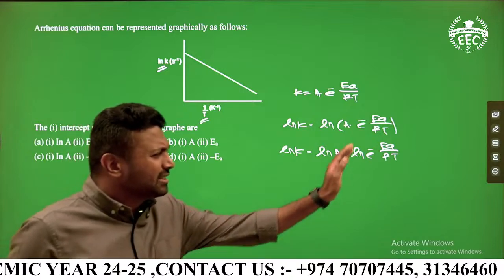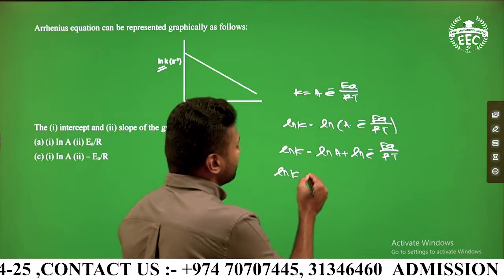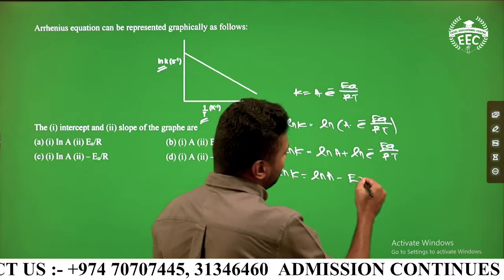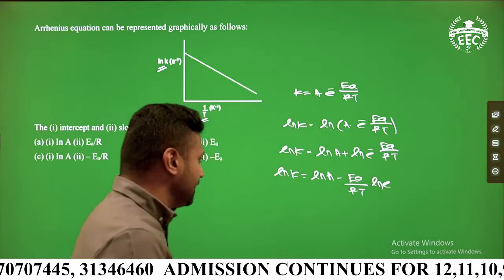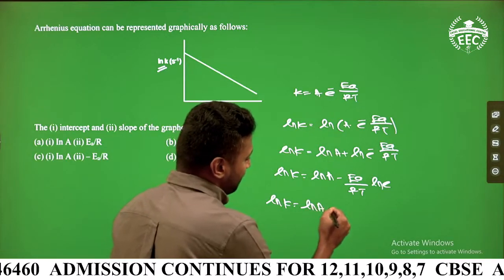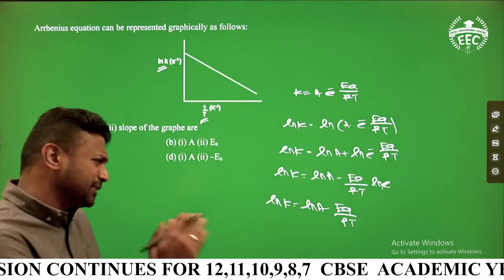It's the same as log x raised to a power, the power will come in front. So ln K is equal to ln A, plus minus Ea by RT into ln e. ln e is 1, so we get ln K is equal to ln A minus Ea by RT. Rearrange to get y is equal to mx plus c.